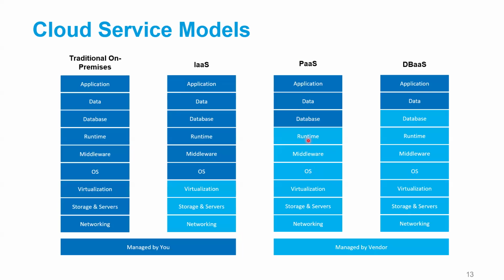Is it 8 GB or 16 GB? What type of server or processor it is, we don't know. What we are concerned about is the database, data, and application. Okay, that's a PaaS platform.